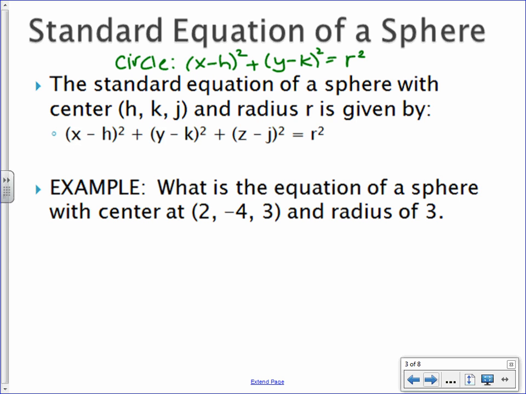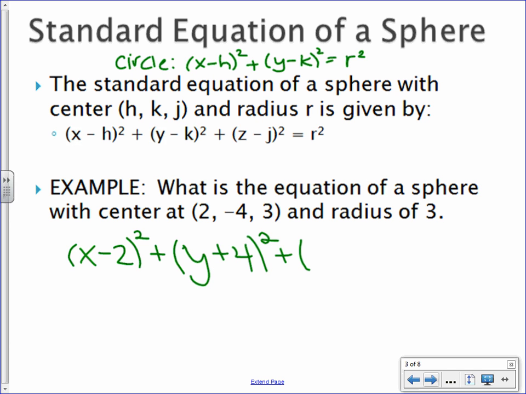So if our center is at 2, negative 4, 3, then we are going to write x minus 2, the quantity squared, plus y plus 4, the quantity squared, plus z minus 3, the quantity squared, equals 9. Our radius is 3, so r squared is 9.